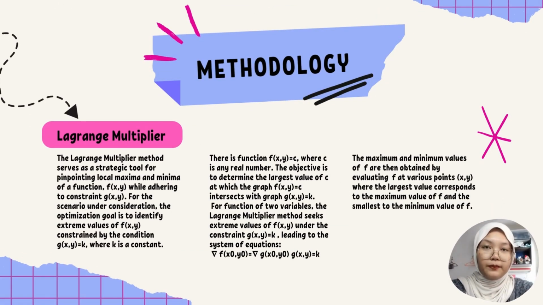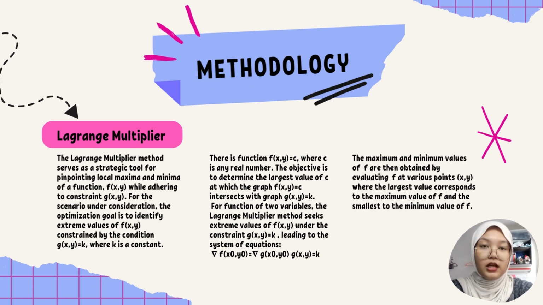For methodology, the Lagrange multiplier method serves as a strategic tool for pinpointing local maxima and minima of a function f(x,y) while adhering to a constraint g(x,y). For the scenario under consideration, the optimization goal is to identify extreme values of f(x,y) constrained by the condition g(x,y) equals k, where k is a constant.